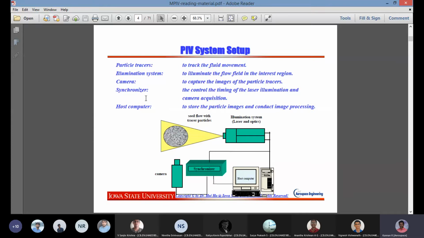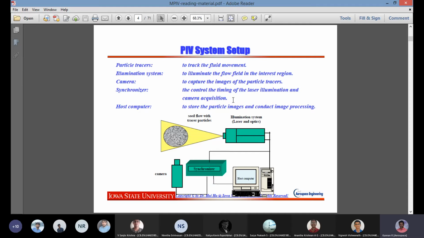As I mentioned, your double shutter camera should have a provision to capture 2 consecutive frames with a known time interval. And there will be a synchronization between your laser illumination and your camera acquisition.